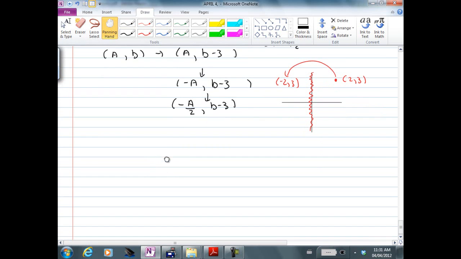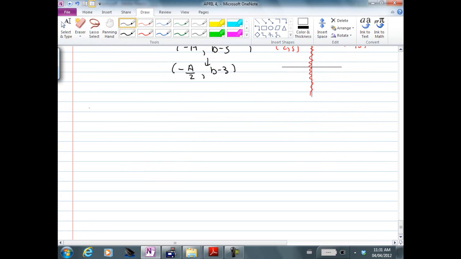Try this one. I want you to create your own equation, your own f of x. This is what it has in it. There is a reflection in both x and y axes.